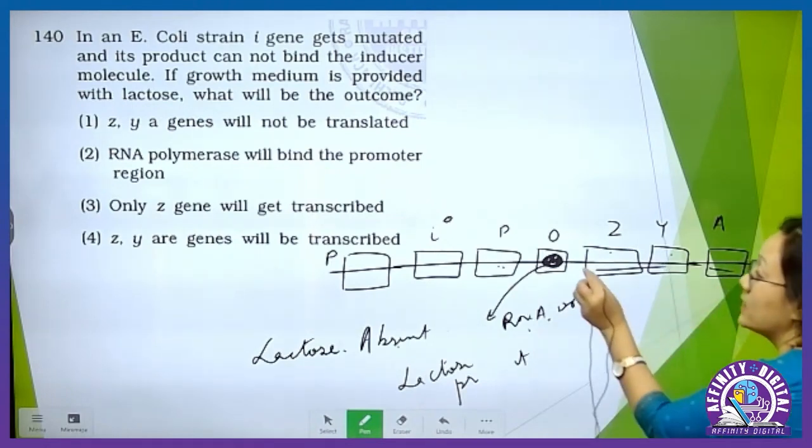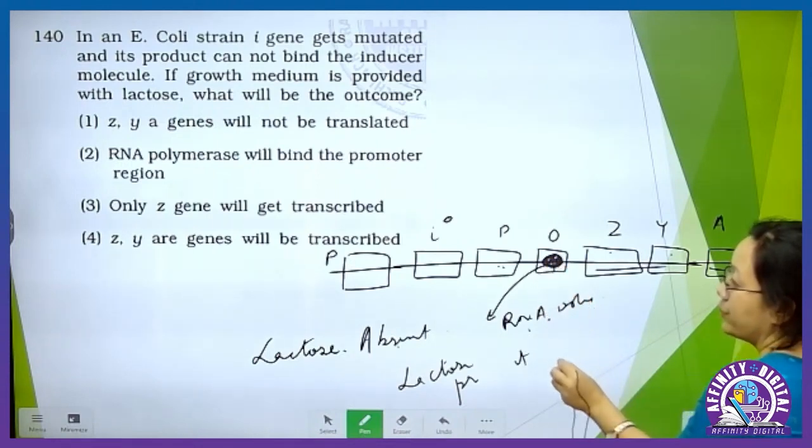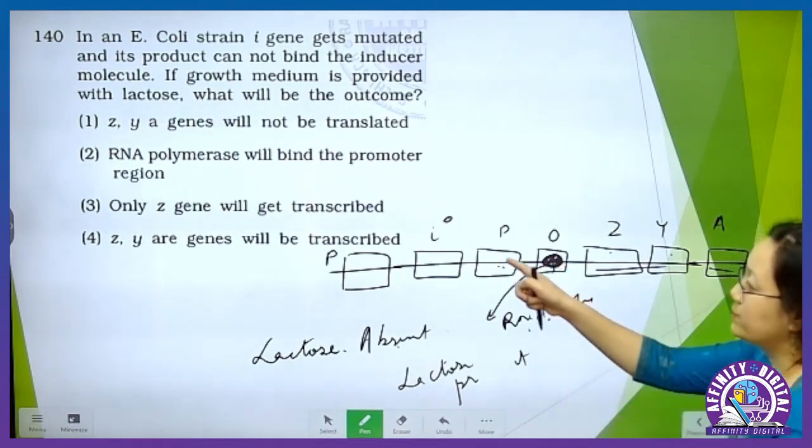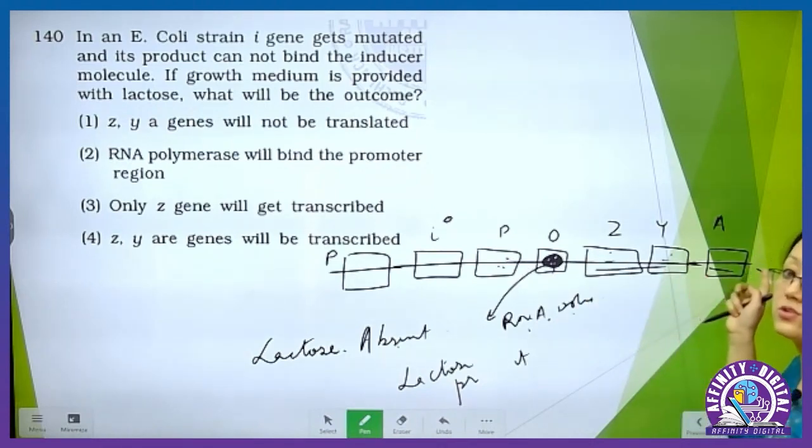When lactose is present, lactose acts as an inducer. It removes the repressor protein, so RNA polymerase binds to the promoter and transcription occurs for the structural genes.